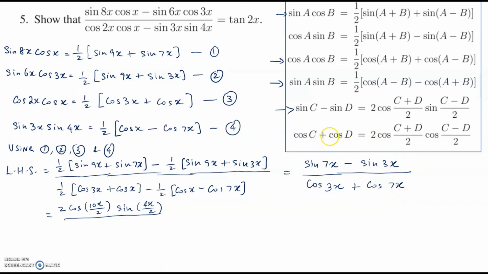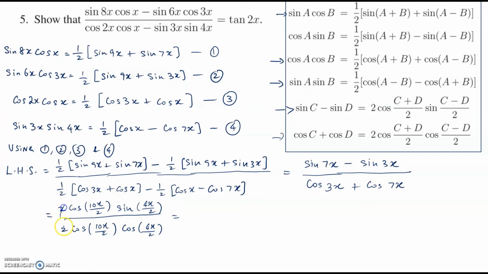So we can replace our c and d as 7x and 3x. So using this expression, this becomes 2 times cos of 10x by 2 into cos of 4x by 2.